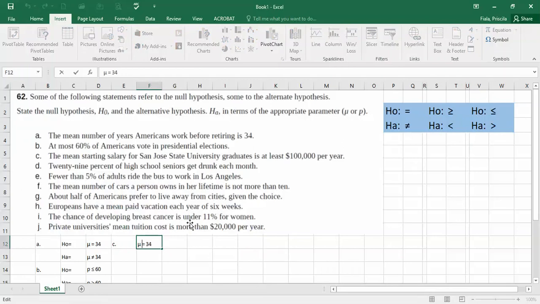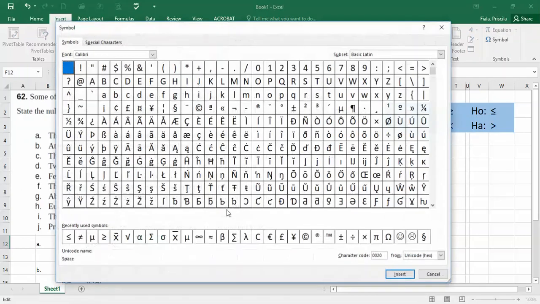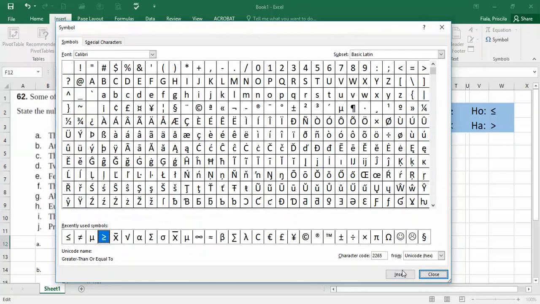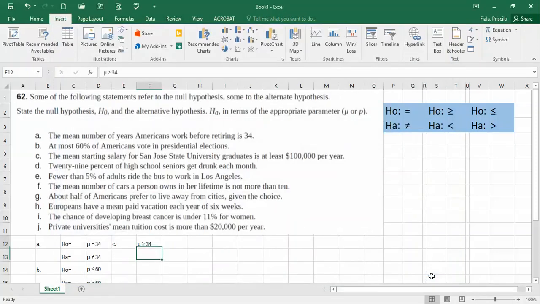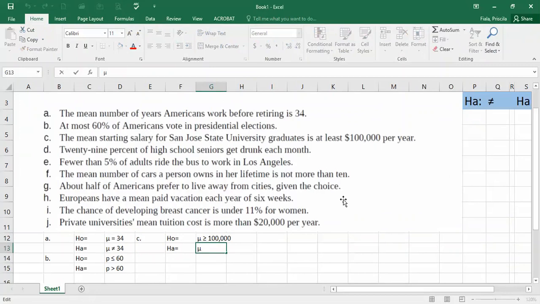So we're going to be putting that the mean is at least 100 and higher, 100K, correct? Therefore, my alternative hypothesis, which I forgot to put in here, is going to be the mu.